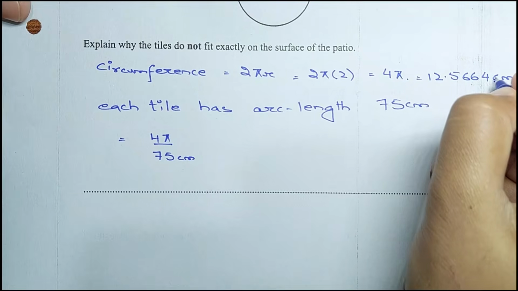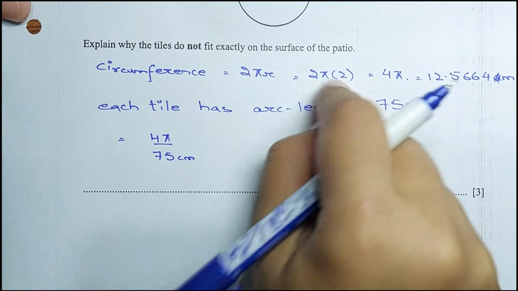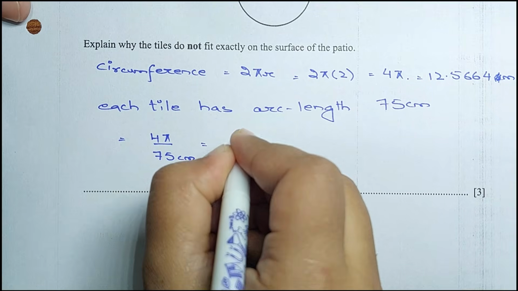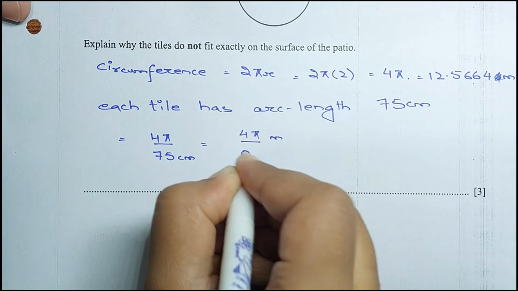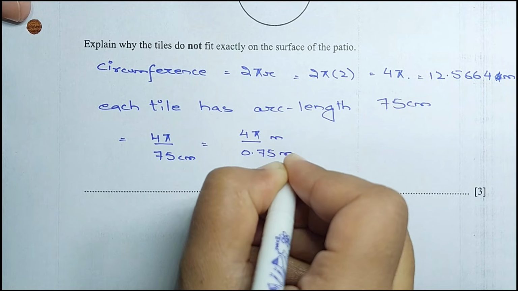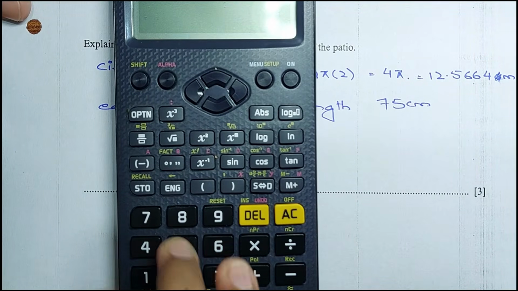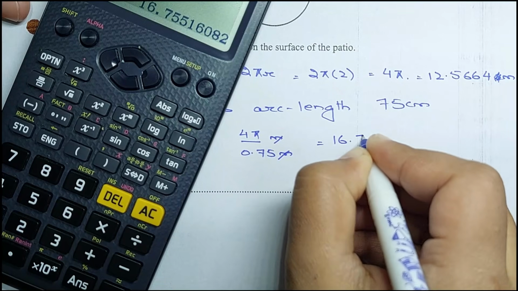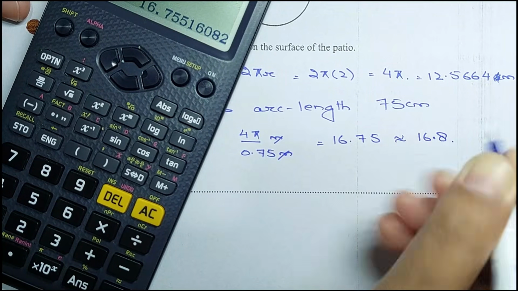This is in meters, sorry, not in centimeters. This one is in meters because the radius is in meters. Now to convert centimeters into meters, 1 meter is equals to 100 centimeters. So this is 4 pi over 0.75. This is also in meters. They would be cancelled out and divide by 0.75. That would be 16.75, or we can say 16.8.